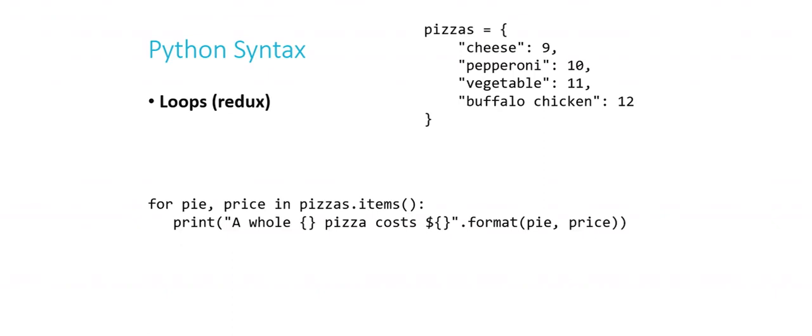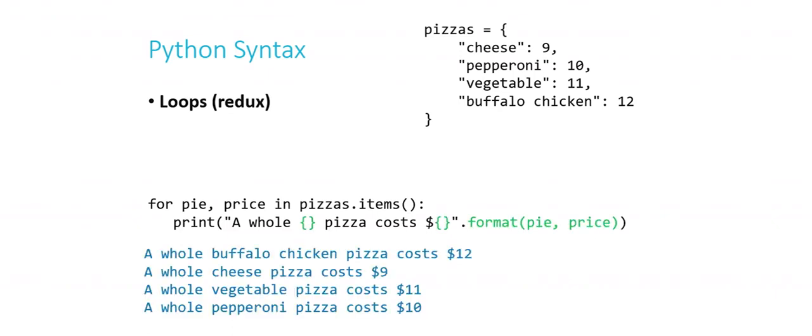I don't have to invert them, so I don't have to plug in the ordering that I did before when I was doing the president's example, iterating over all those tuples. And this would print out a whole buffalo chicken pizza costs $12. A whole cheese pizza costs $9. Again, going through each element and getting the key value pair and printing it out as I indicated.